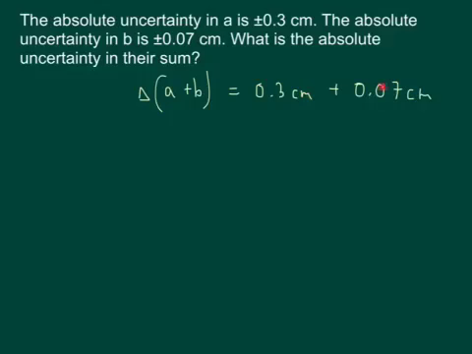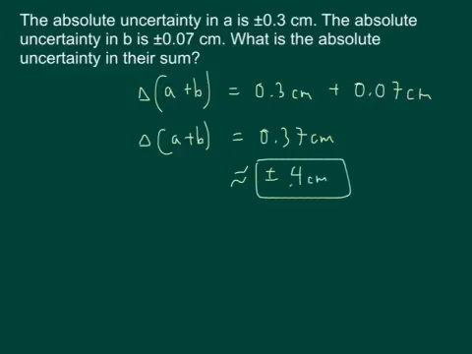These are absolute uncertainties, so they have the units. So what do we get when we add these together? We get 0.37 centimeters. But we know we have to round absolute uncertainty, and we have to put the plus or minus. So that gives us plus or minus 0.4 centimeters as the answer.